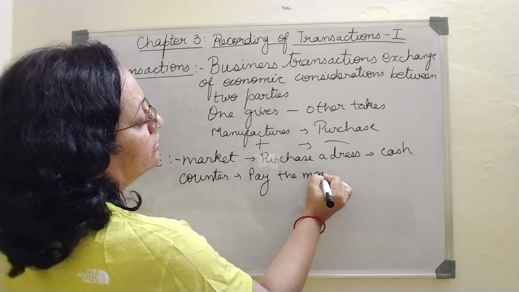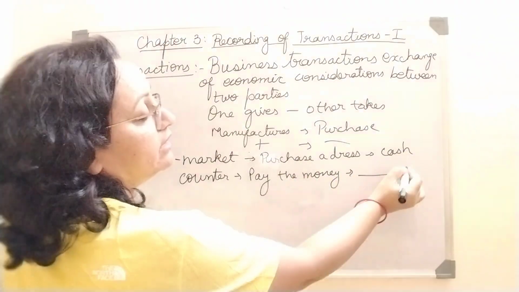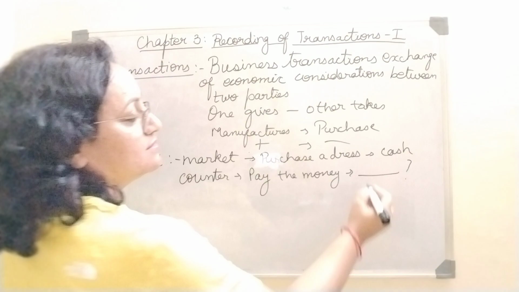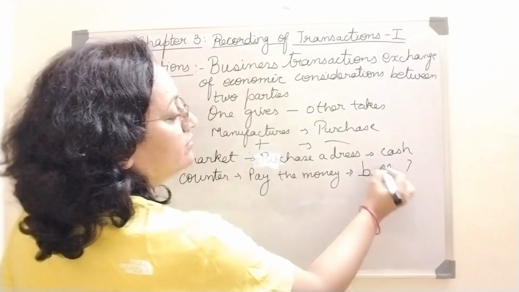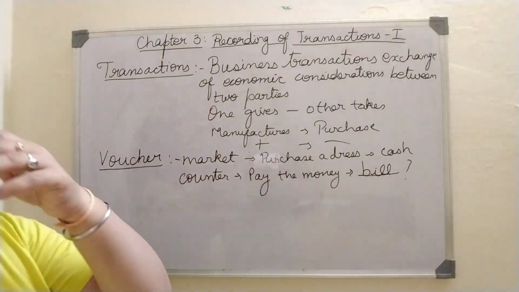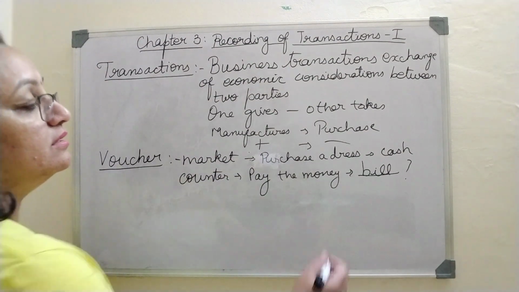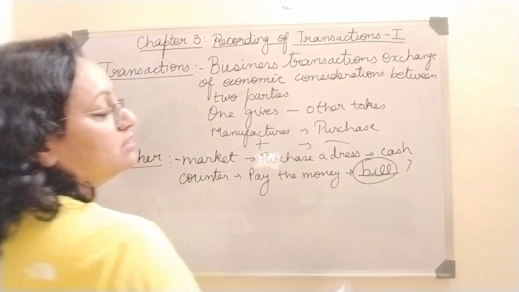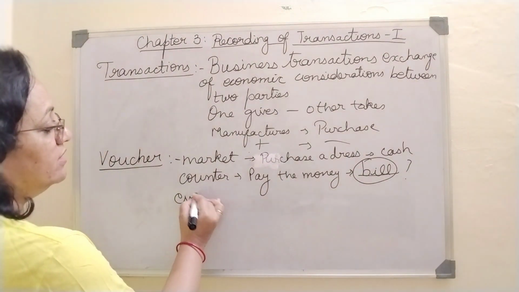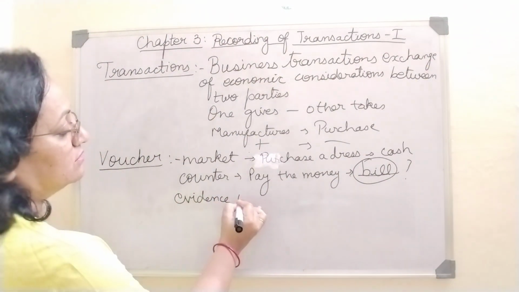What do you get in return? Can anybody tell? Yes, bill. Right? When you pay the cash at the money counter, what is given to you in exchange? A bill is given. This bill is voucher. So voucher is the evidence of the transaction.